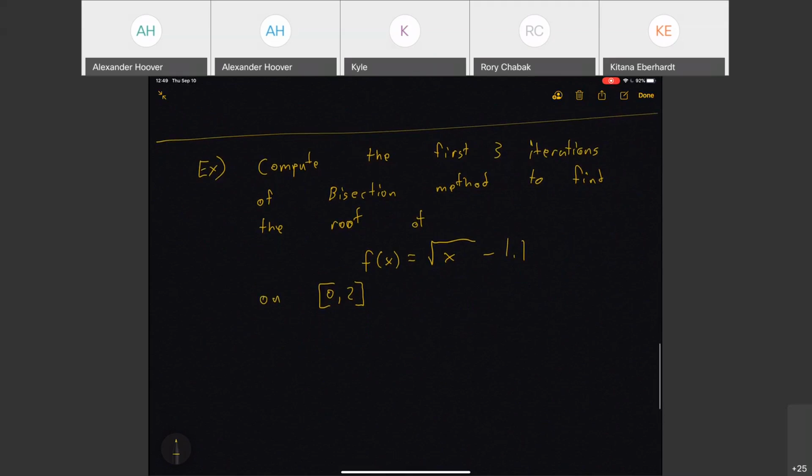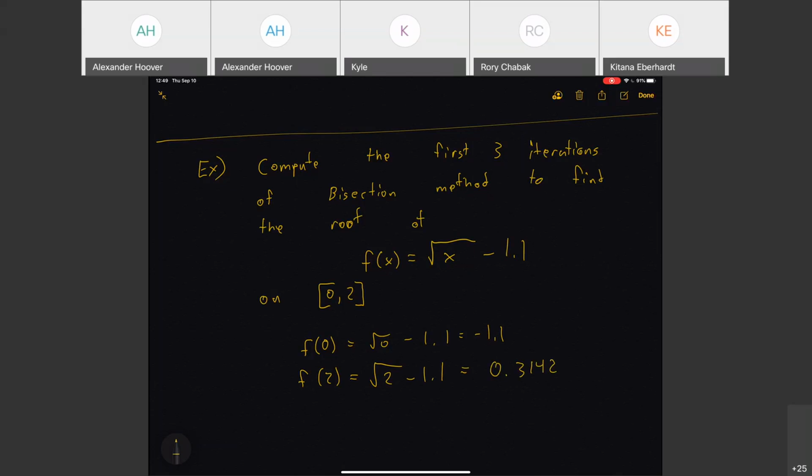Let's make sure with the other 2 items. If we plug in f at 0, we get negative 1.1. And f at 2, we'd get something along the lines of 0.3142.